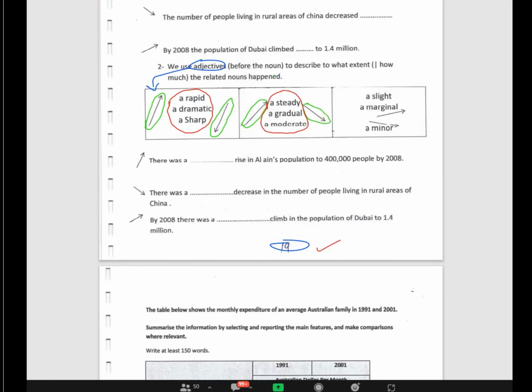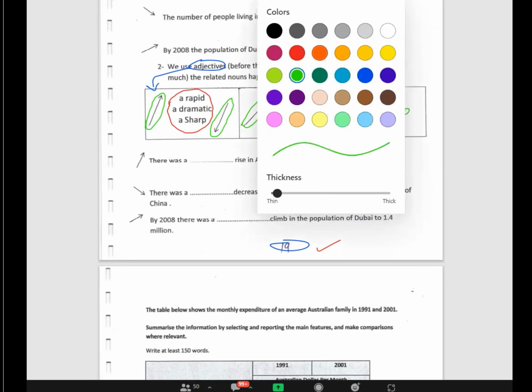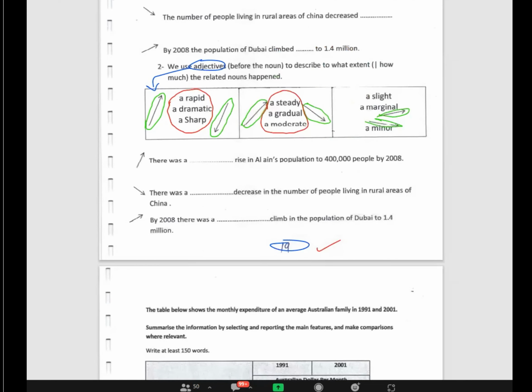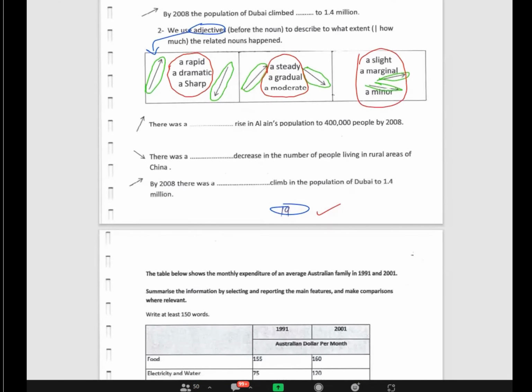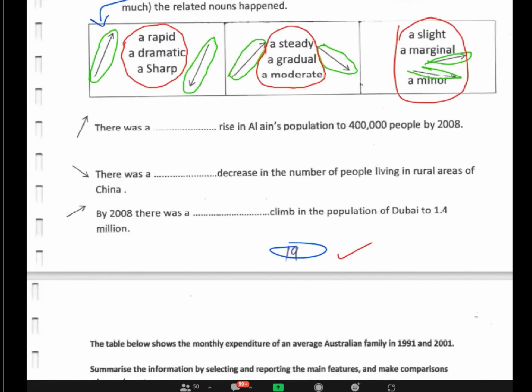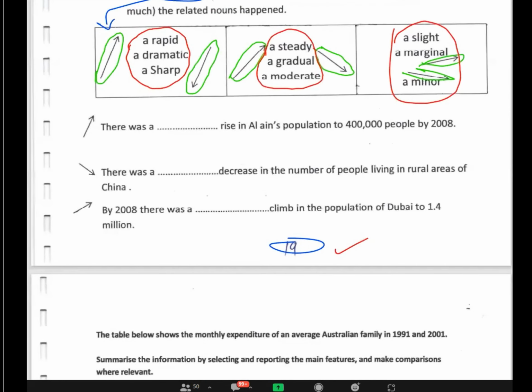The last one shows little movement. So we use these synonyms: slight, marginal, or minor. All have the same meaning. Okay, now look at the sentences here and choose what adjective to fill in the space.